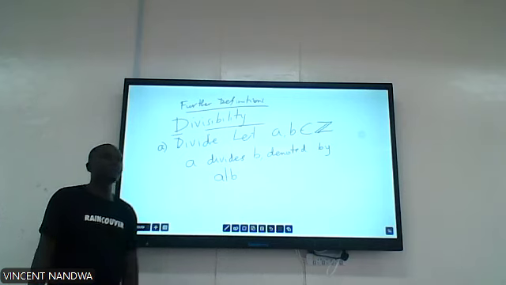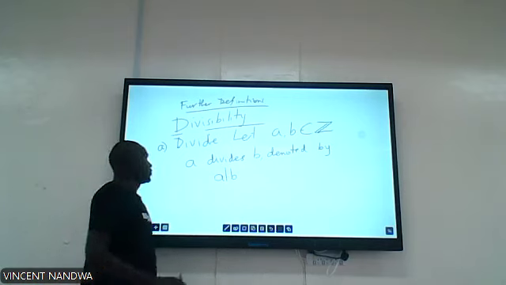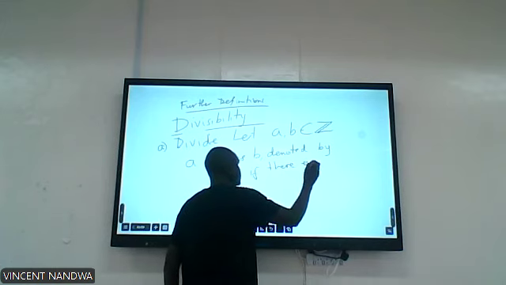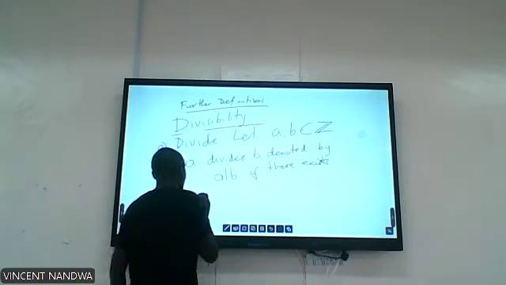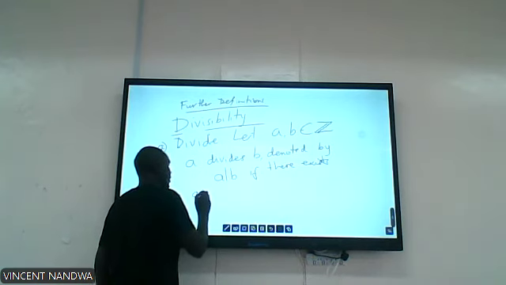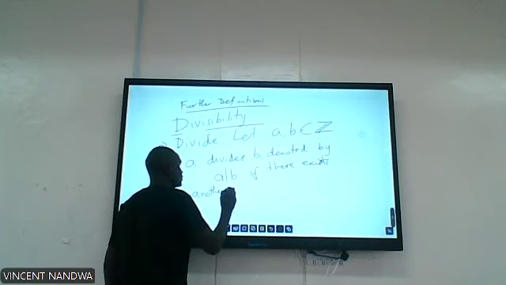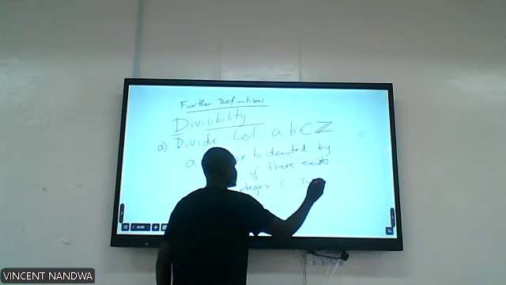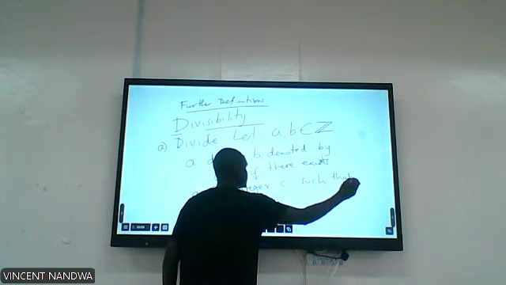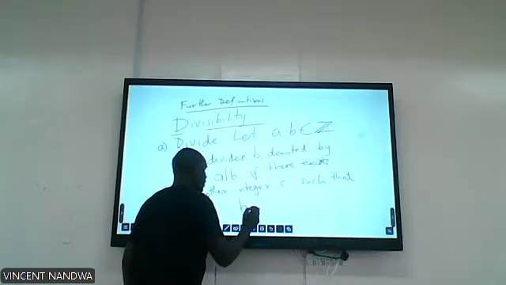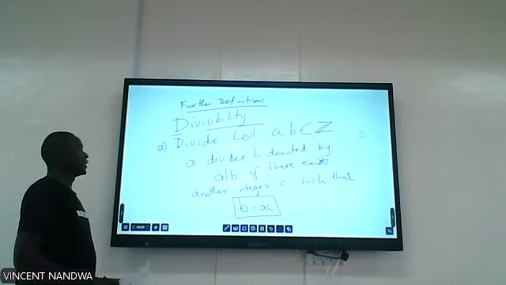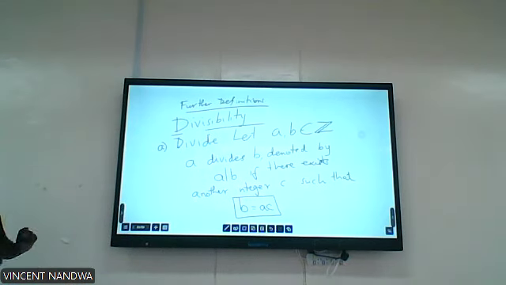So this means a divides b, if there exists another integer c such that b is equal to a times c. So that's what we say when a divides b.